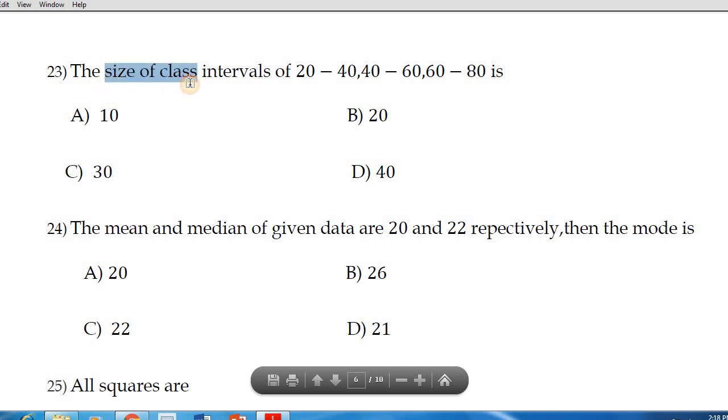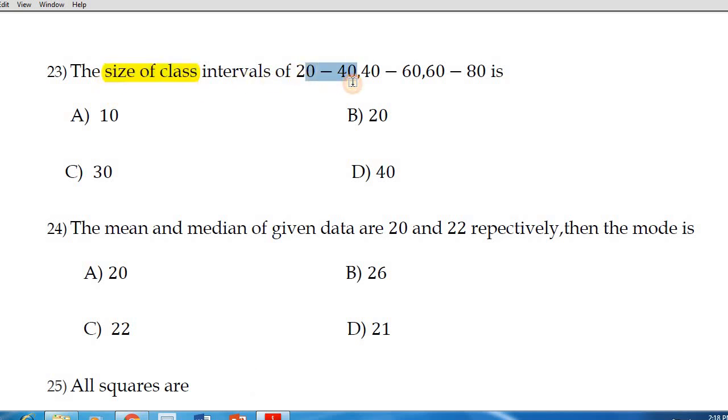The size of the class interval 20 to 40, 40 to 60, 60 to 80 is: the given options are 10, 20, 30 and 40. Such a simple question, children. You want to find the size of the class. To find the size of the class, upper limit minus lower limit. 40 minus 20 is 20 only. 60 minus 40 is 20 only. 80 minus 60 is 20 only.